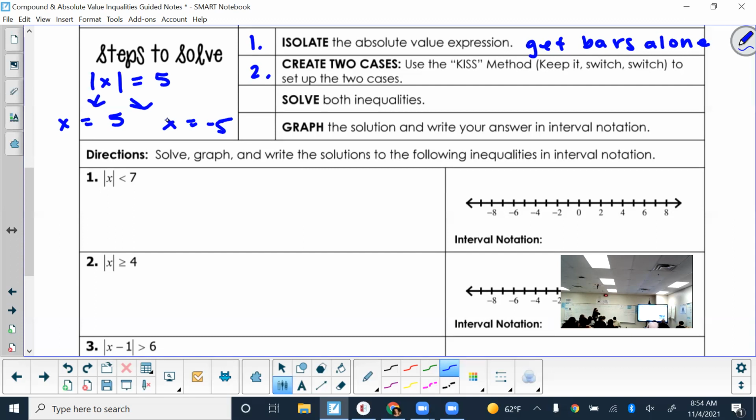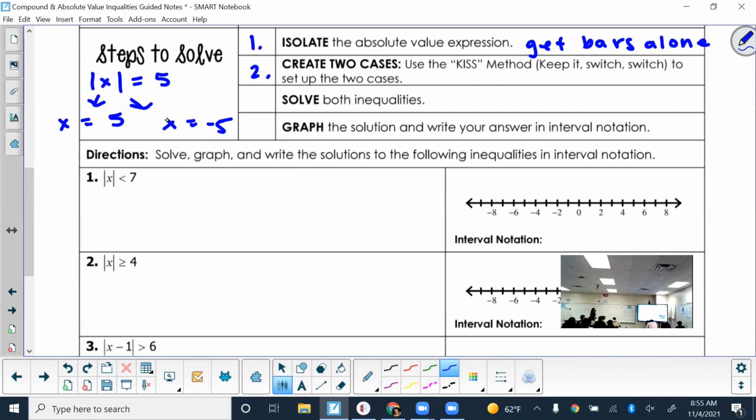5 also. Another way people think of it is that it makes whatever number is inside positive. 5, it's already positive, so it stays 5. Negative 5, make it positive, now it's 5.